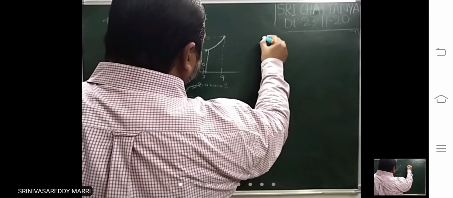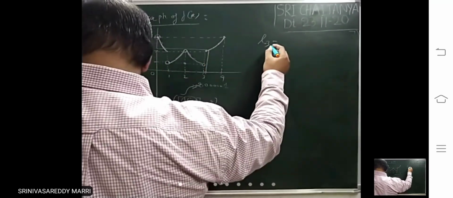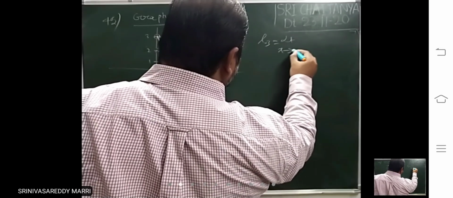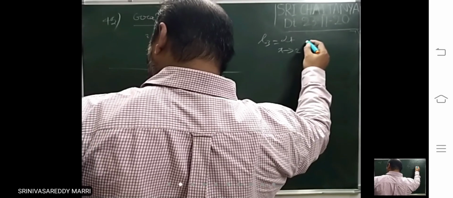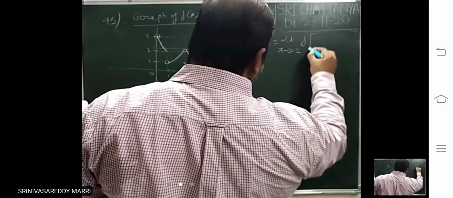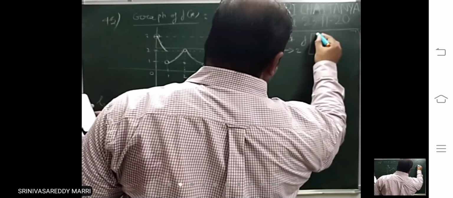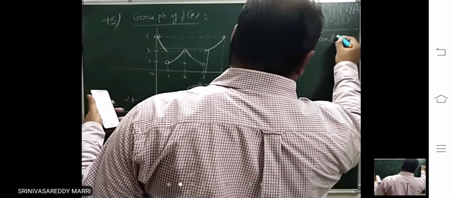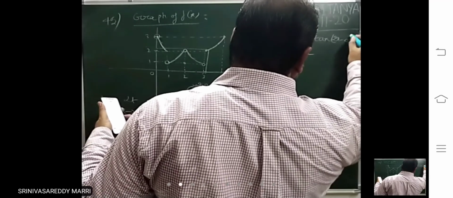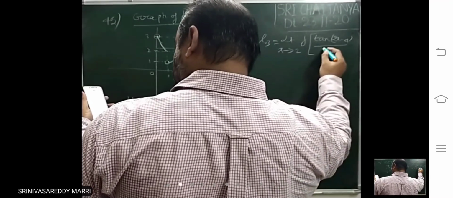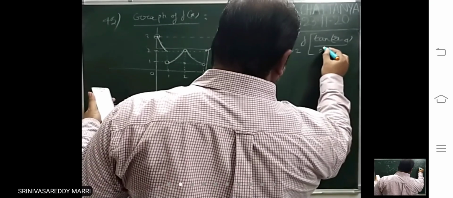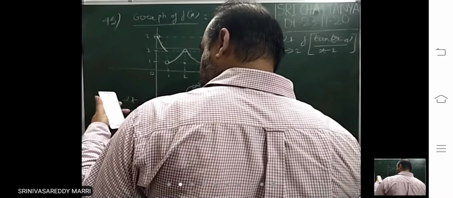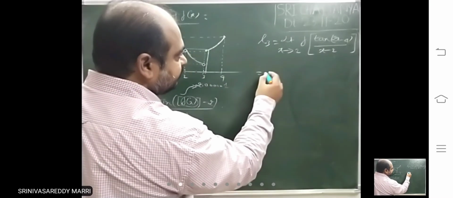L3 is limit x tends to 2, f of step of tan of 2x minus 4, divided by x minus 2. So let us analyze this one.